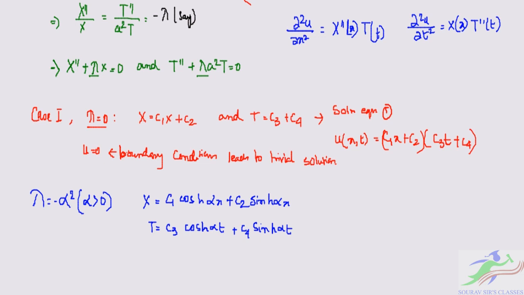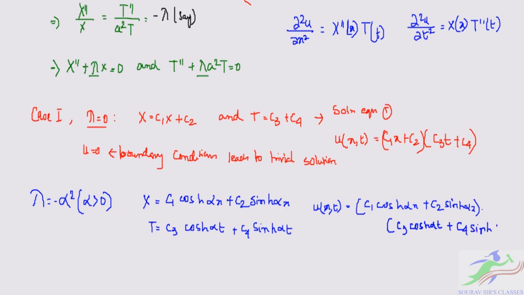So the solution to equation 1 will be u of x comma t equals c1 cosh alpha x plus c2 sinh alpha x multiplied by c3 cosh alpha t plus c4 sinh alpha t, right?